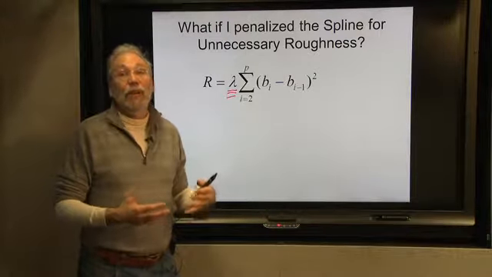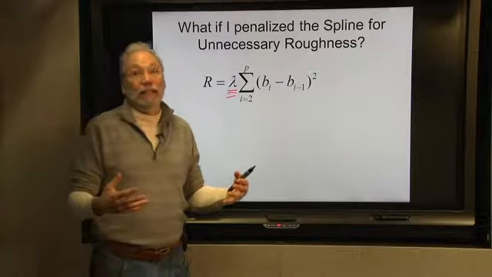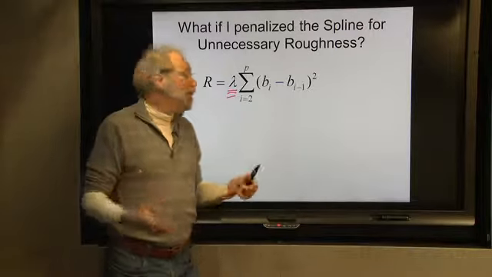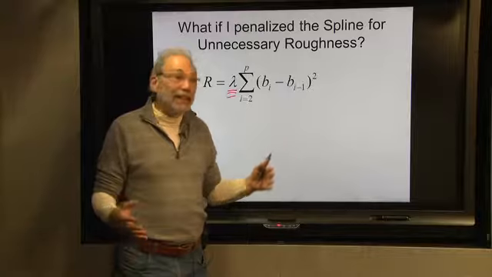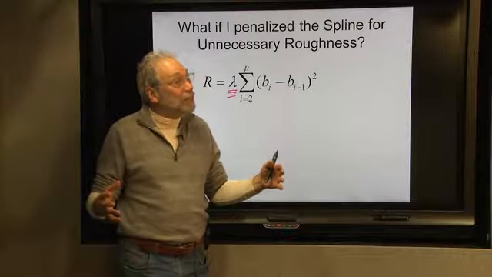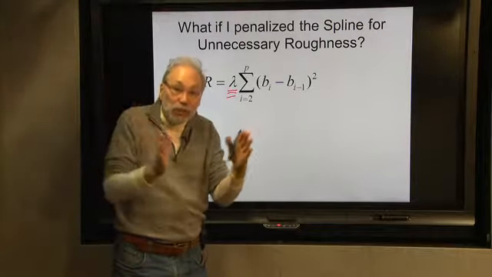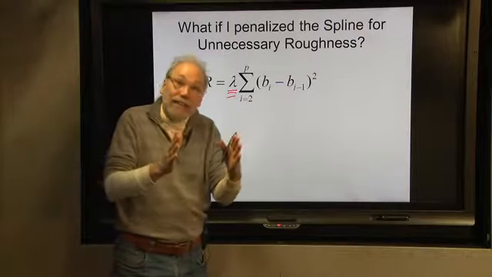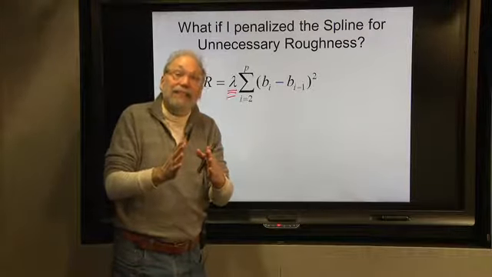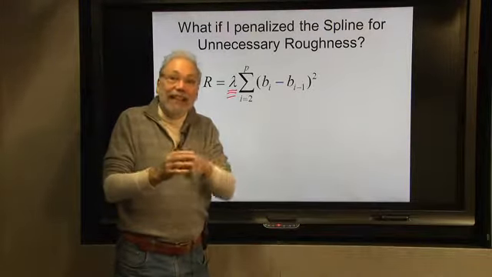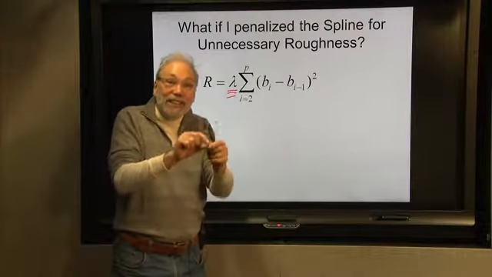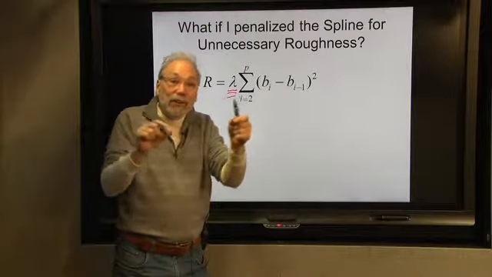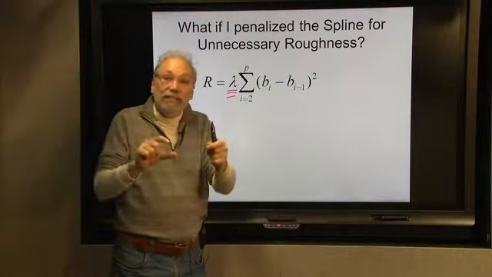I don't know how much penalty I should have, so I'm going to put in a tuning parameter. If lambda is big, it says, hey, get pretty smooth. If lambda is small, it says, wiggle around as much as you want. And then lambda is my volume control knob that's going to smooth out or rough up the curve, depending on how I turn it.